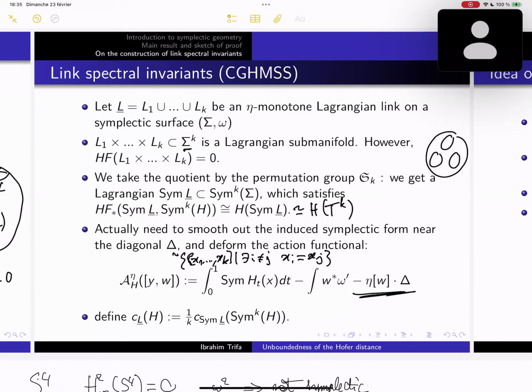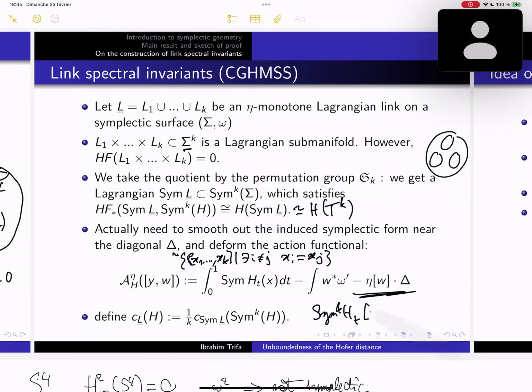and smoothed out the symplectic form. We get a spectral invariant c_L of H, which is defined as 1 over k, just to normalize, times the standard Lagrangian spectral invariant of Sym L inside the symmetric product of sigma, of Sym k of H. Maybe I forgot to define Sym k of H. Sym k of H is just the Hamiltonian on a symmetric product.